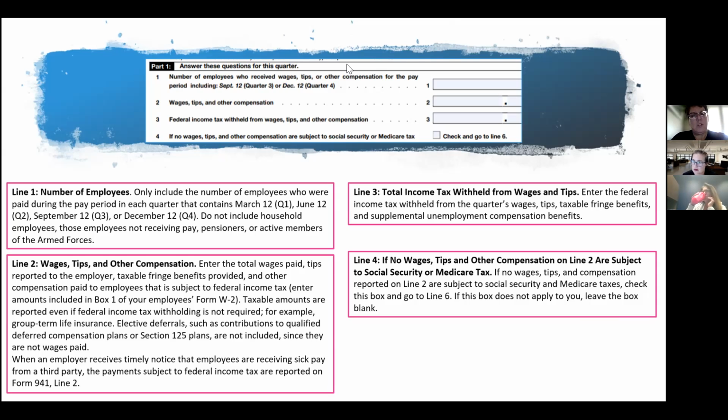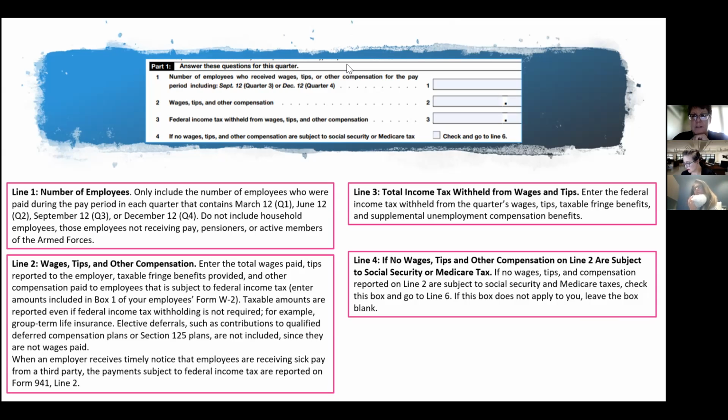You're also going to include them in your Social Security and Medicare wages as well. And we'll talk about that in a second. But these are wages that were paid to your employee on your behalf. So you have to include them in your line 2 totals.